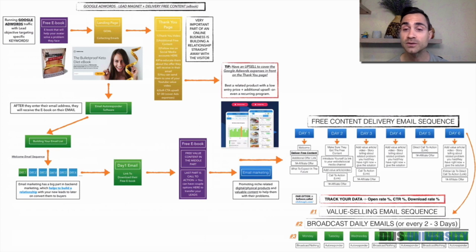And in the first free content delivery email sequence, the first week, you want to have a very related, good affiliate program to promote to cover your expenses in the first week of your email marketing. So this is everything for this series of 10 videos showing you how to make $100 per day with list building by using Google Adwords.